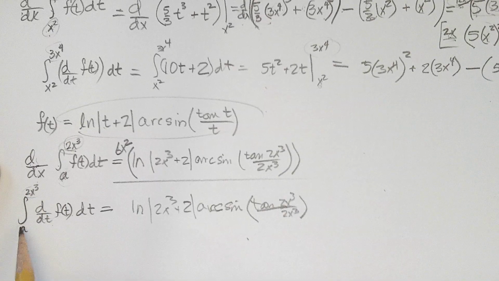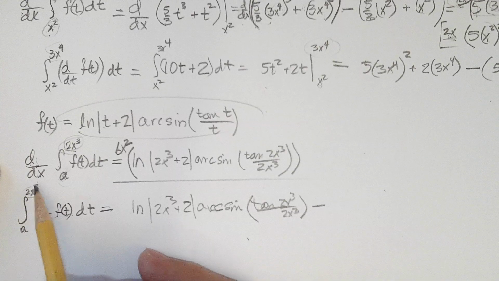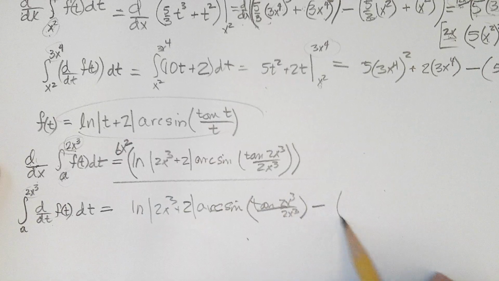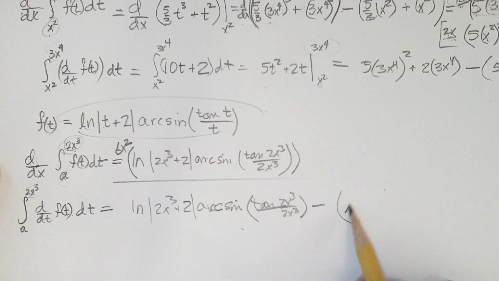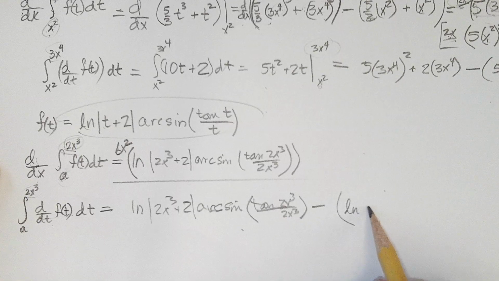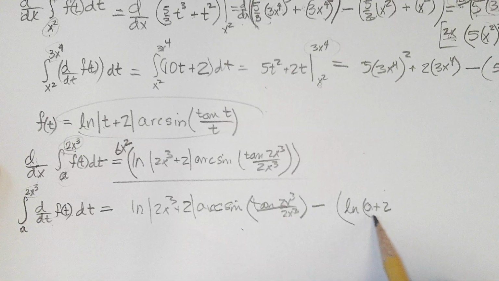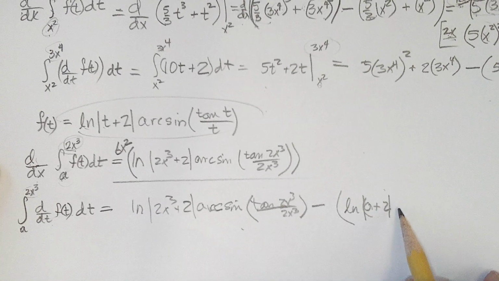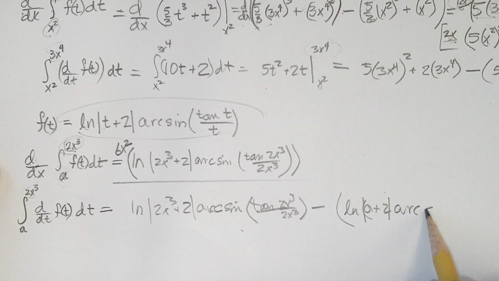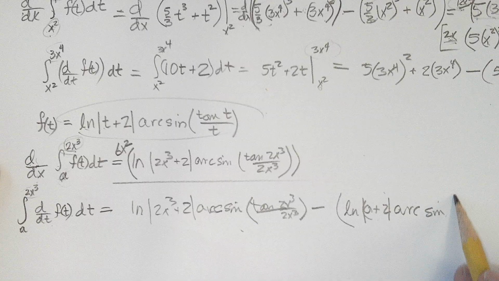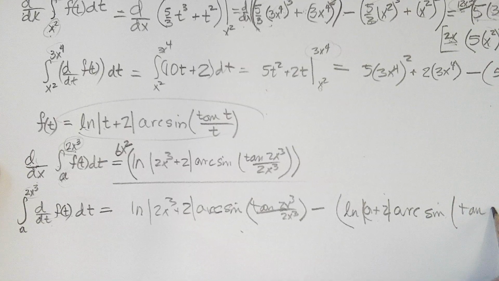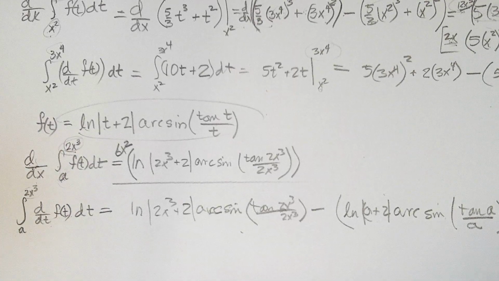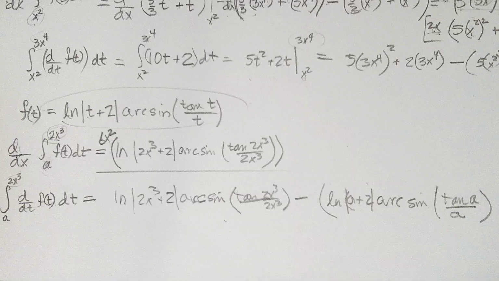So I put that in, put the a in, and since I'm doing it after I do the derivative, the a will show up, and so I have to put all of this: ln of a plus 2, replace the t with an a, absolute value, arc sine of tangent of a over a. And that's how that one will work.